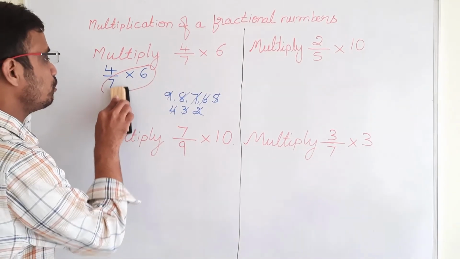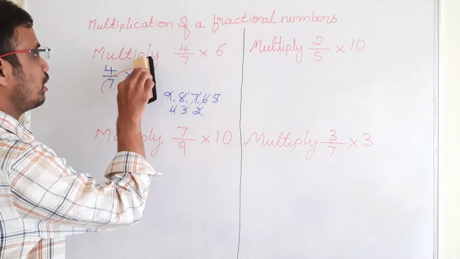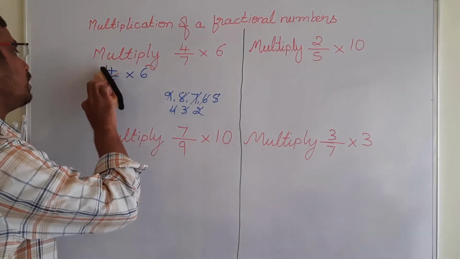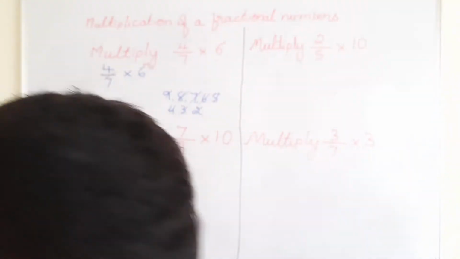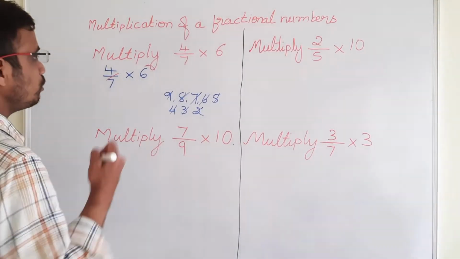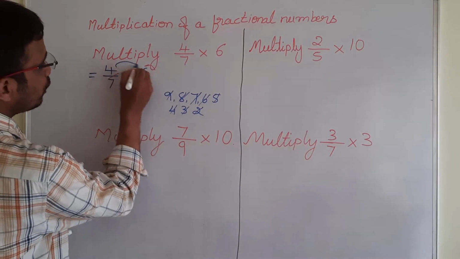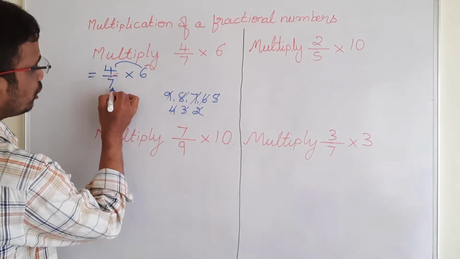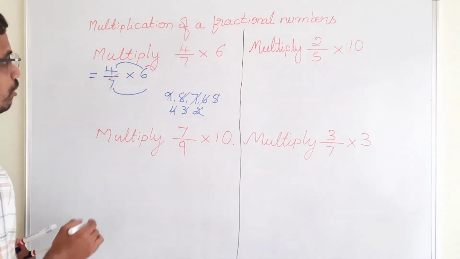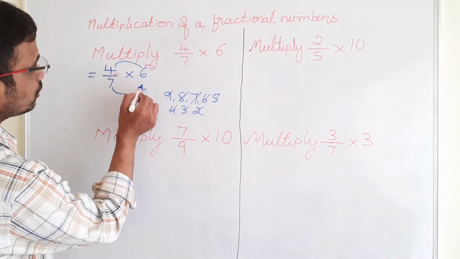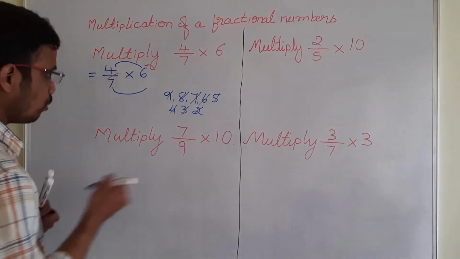Once we confirm there is no common factor, after that we will multiply this fraction with the whole. When we multiply a fraction with a whole, we multiply numerator into numerator, denominator into denominator. Here, there is no denominator in the whole.